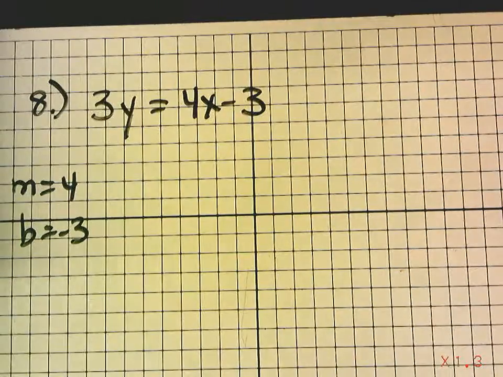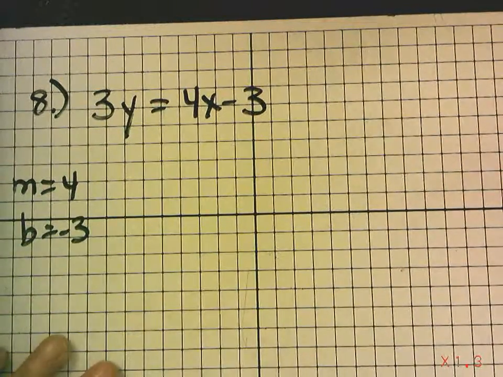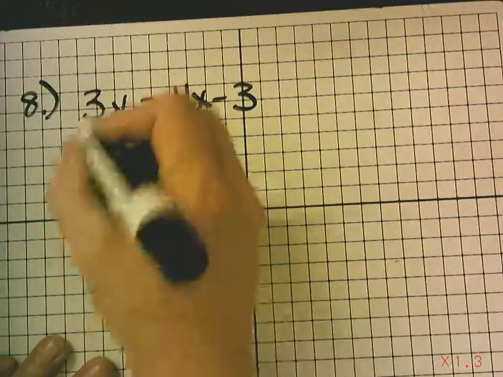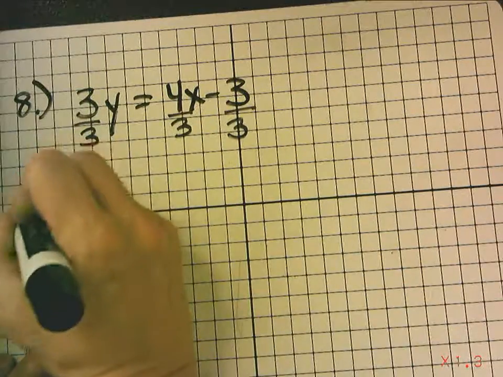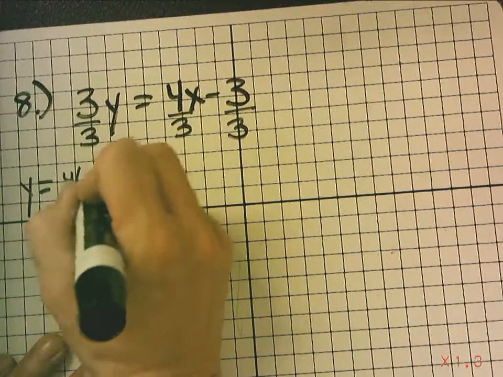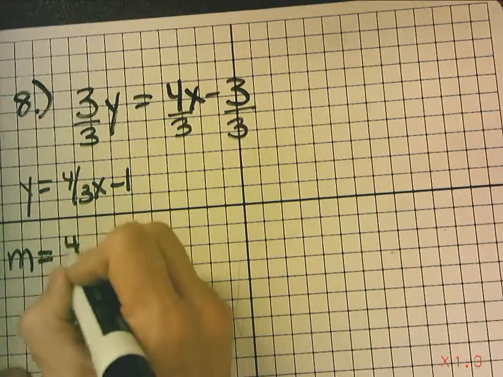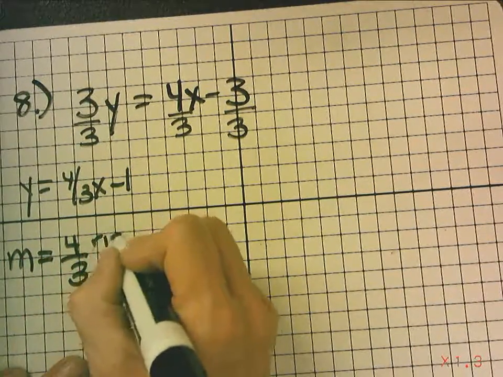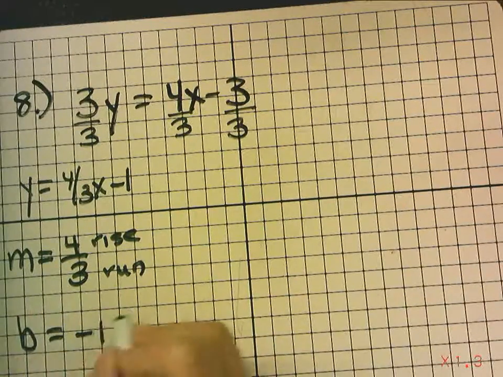So, the reason is, this is not in slope-intercept form because the y is not isolated. So I have to divide everything by 3. So y equals 4/3 x minus 1. Now I say m equals 4 over 3. It's my rise over my run. And b equals negative 1.